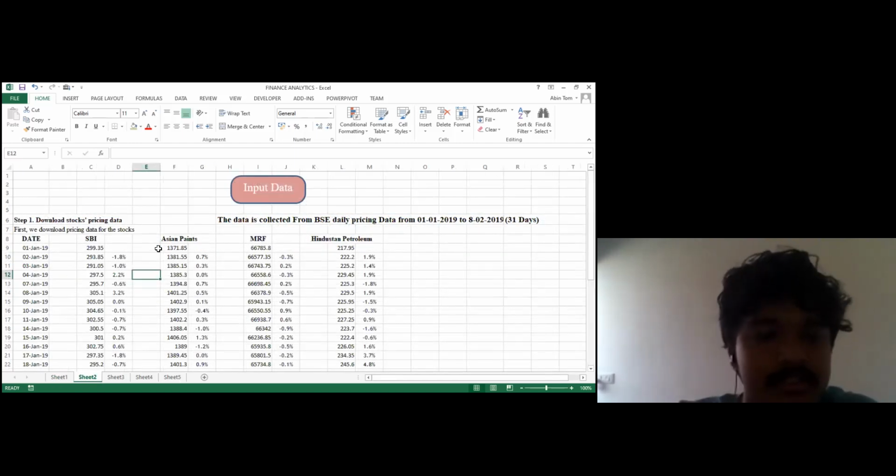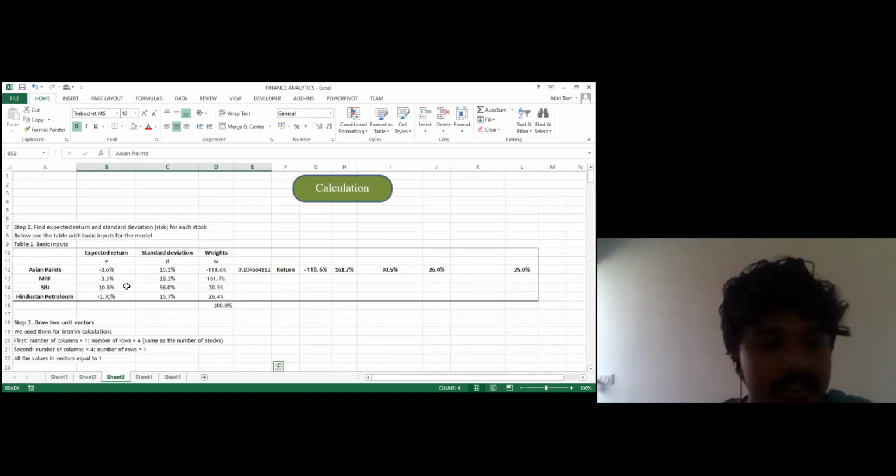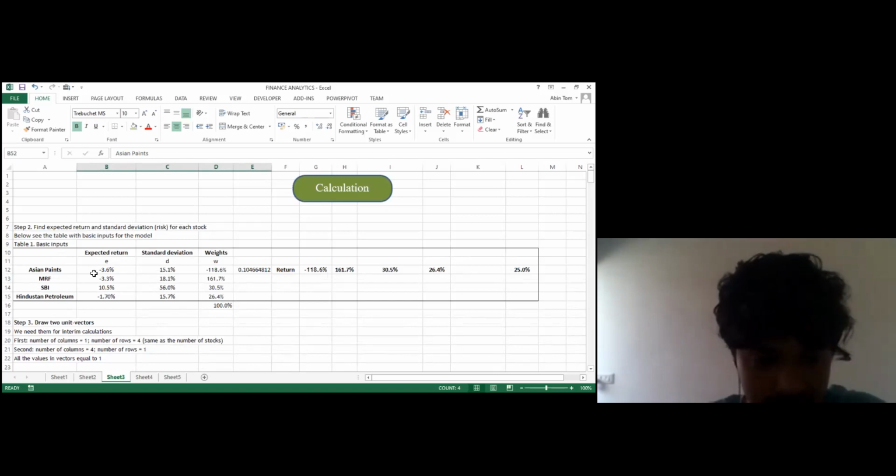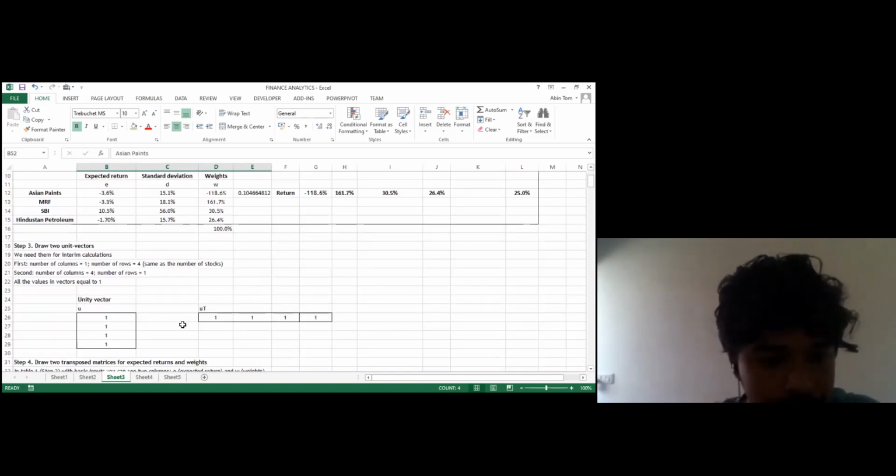For that, I downloaded 4 companies' stock prices from BSE for 31 days. So the next step is to find the expected return and standard deviation of each stock. So I calculated the expected return of 4 companies and standard deviation of 4 companies and their weights, and moved to the next step.